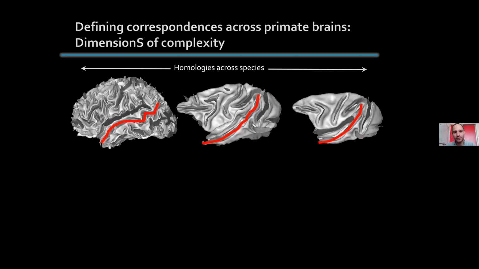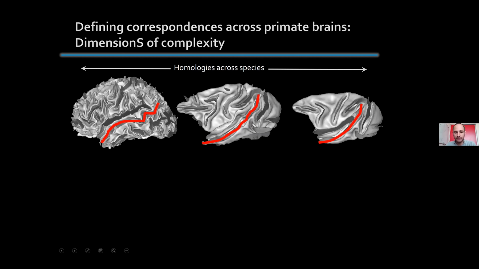And here, I want to recall that we are facing not only one, but two dimensions of complexity. First, as illustrated here, one aim is to define correspondence across brains from different species. And here you see the variations in the amount of folding across these three species.